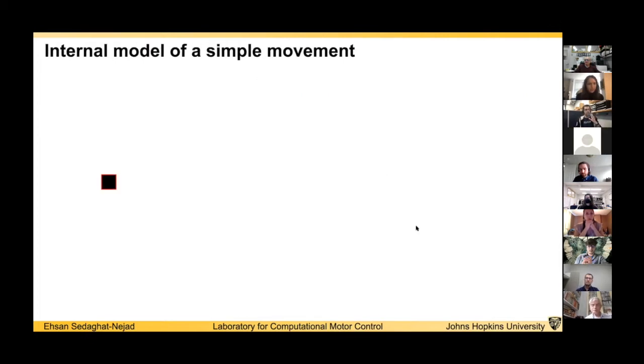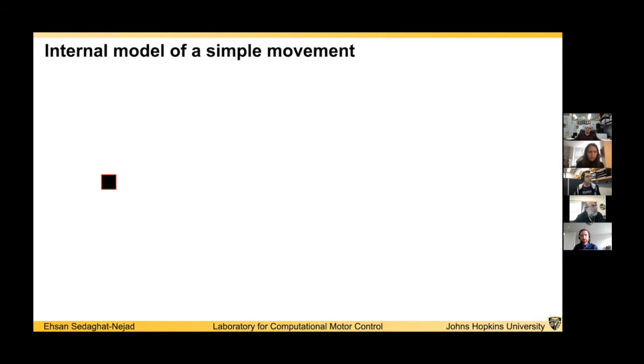Okay, so this was a very high-level task, so let's do another very simple task that we are actually doing in the lab. What I want you to do now is just track this dot on the screen. Let me see your eye movements. Okay, great. So what you were doing is looking back and forth between those 2 things. If I ask you what you're doing, you would say that my eyes were here, landed here, and then I went back.